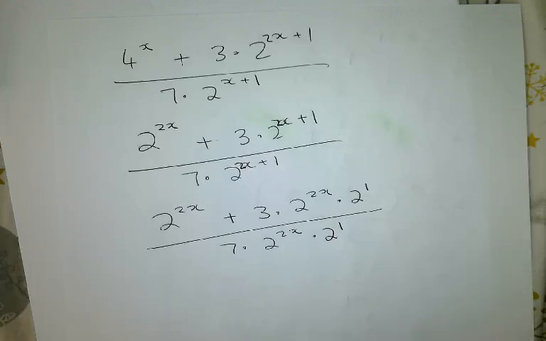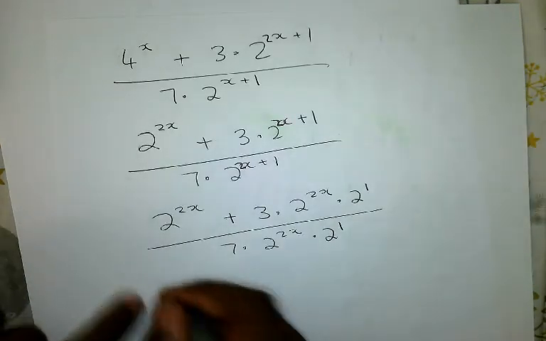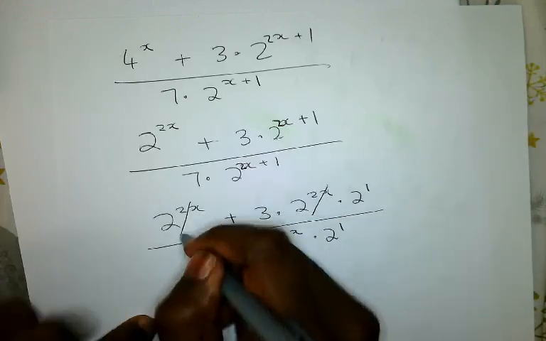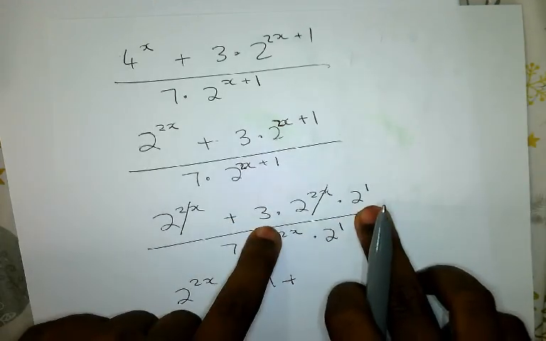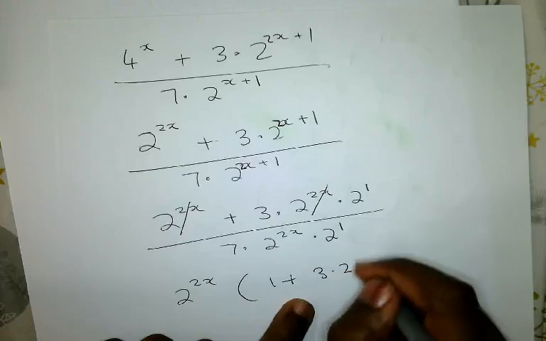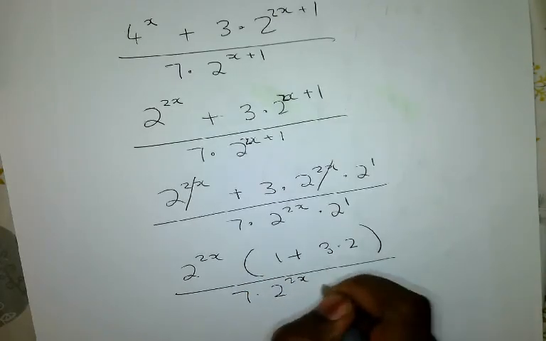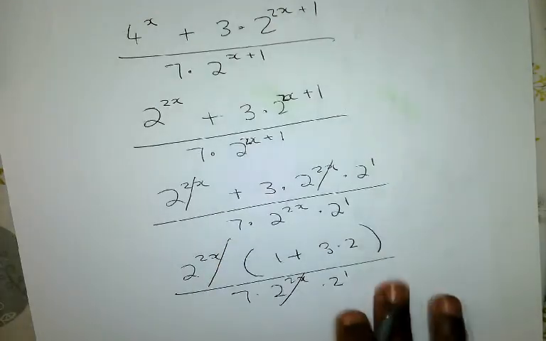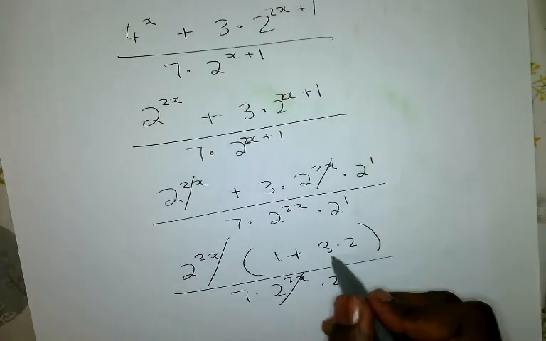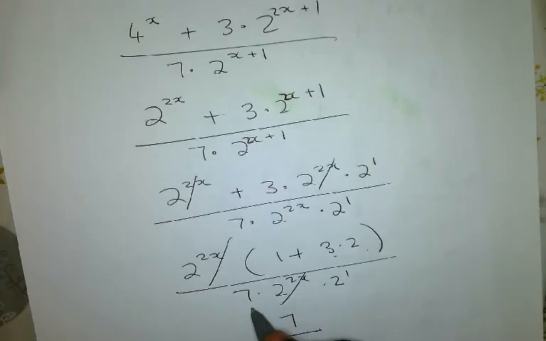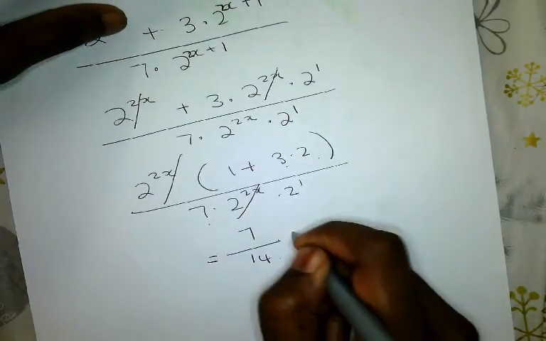I'm left with what in this case? 2 like that, over 7, 2, 2x and 2, 1. This and this goes away. 3 times 2 is 6. 6 plus 1 is 7. 7 multiplied by 2 is 14. So this becomes a half. Wonderful. Nice, beautiful question. Straightforward.